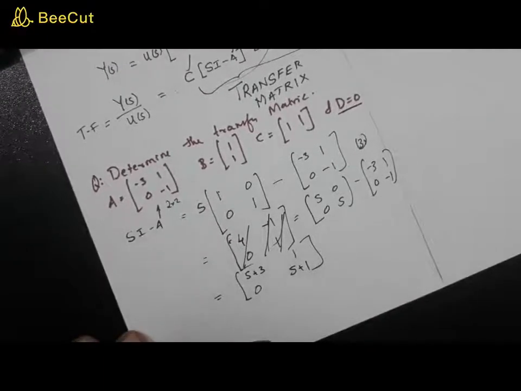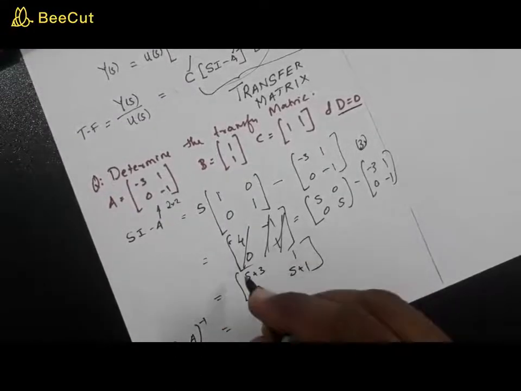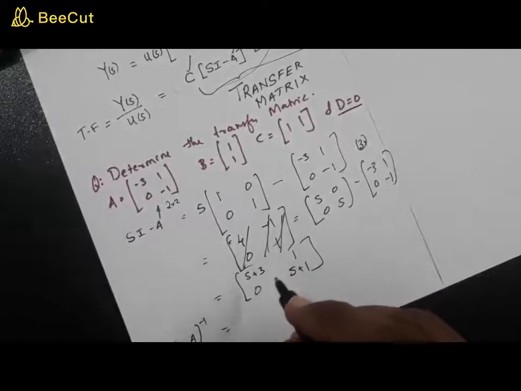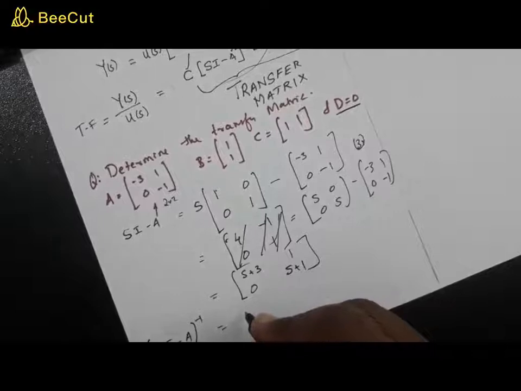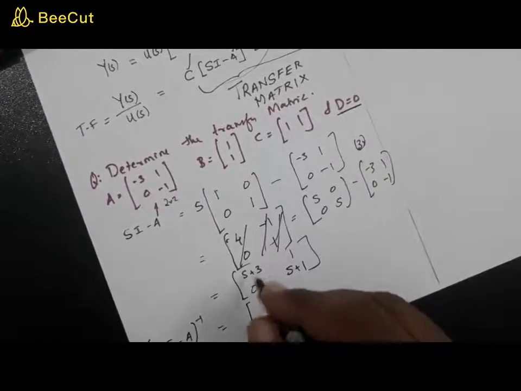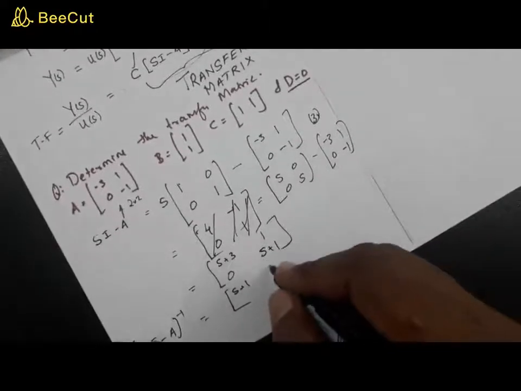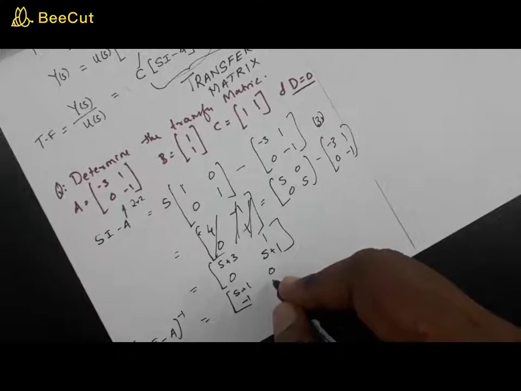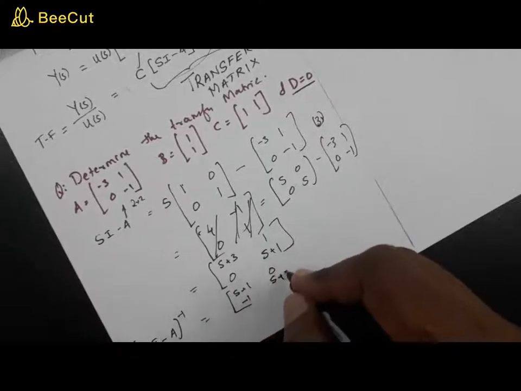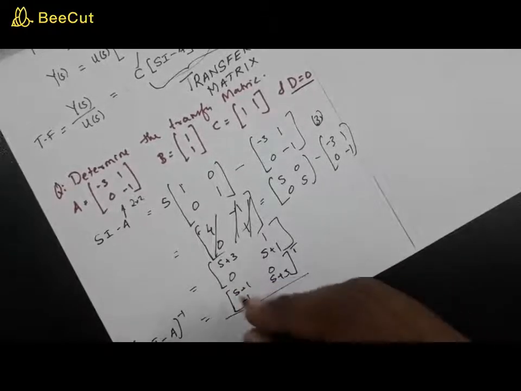How will you find the inverse? The inverse of this matrix is the transpose of the cofactor matrix divided by the determinant of sI - A. The cofactor matrix will be [s+1, 0; -1, s+3].